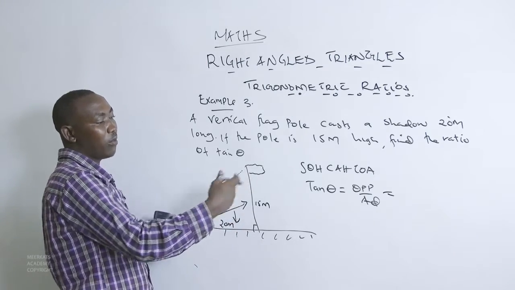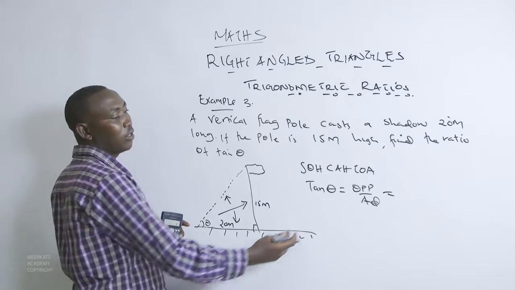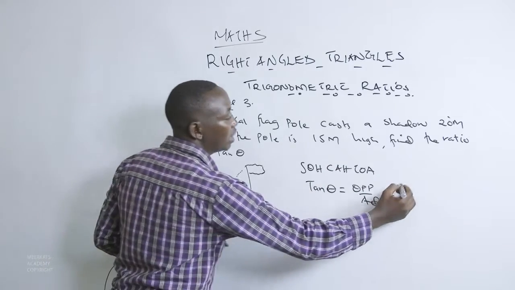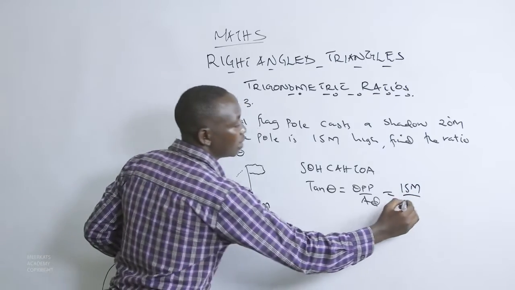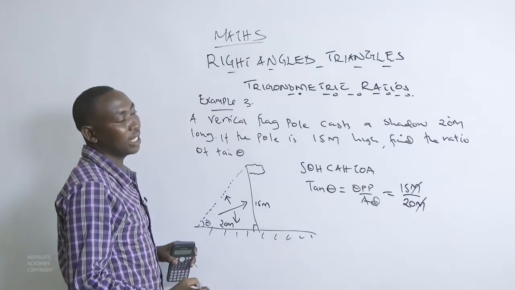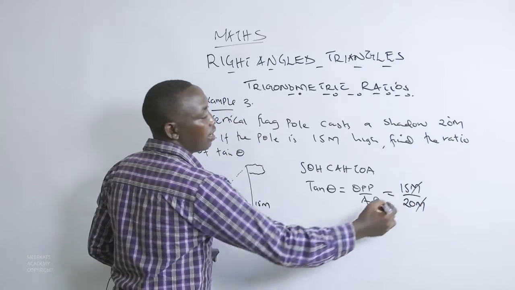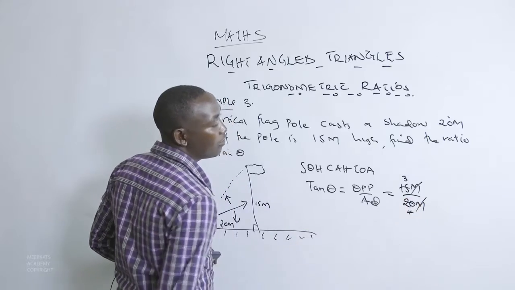Because we are only interested in one of the trigonometric ratios, that is tangent, you take the opposite, which is 15 meters, and divide by the adjacent, which is 20 meters. Of course, meters and meters will cancel off. Then when you simplify, 5 goes into 15 three times, 5 goes into 20 four times.